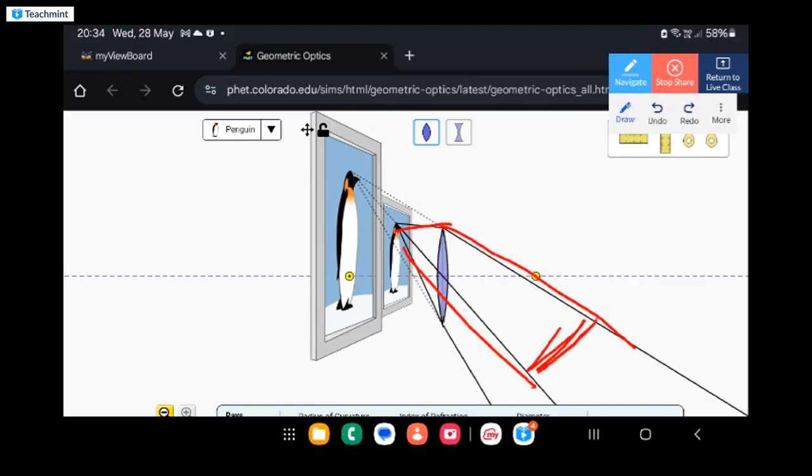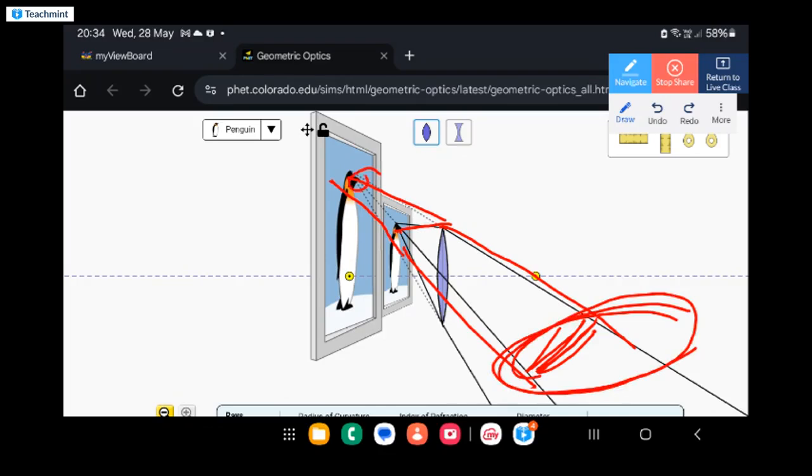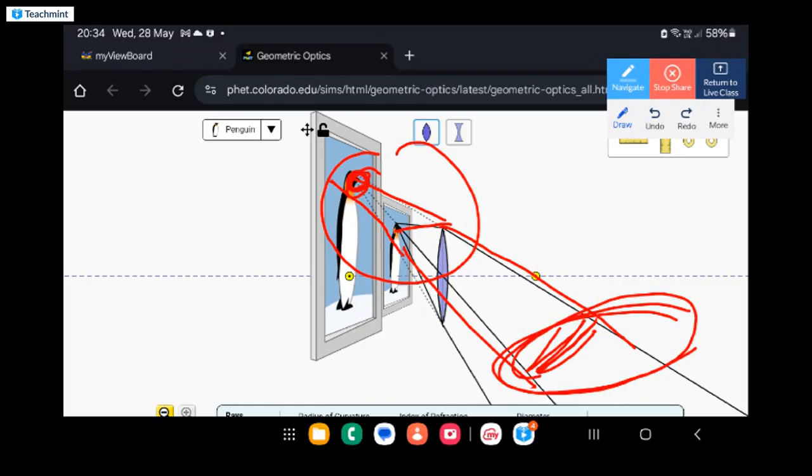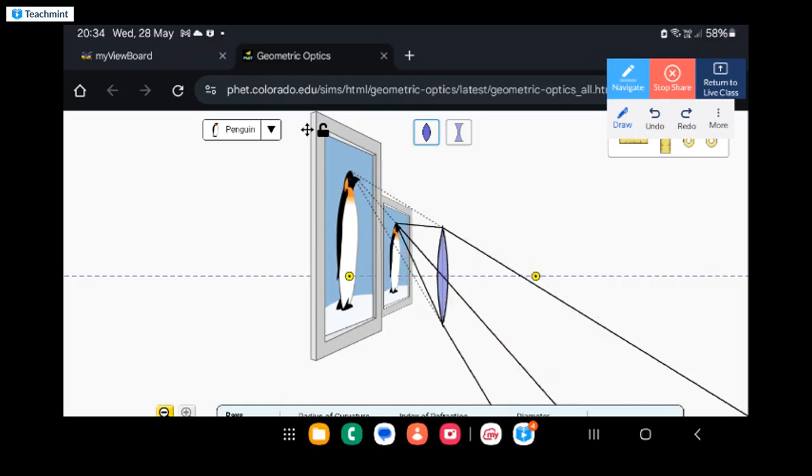Can you see they are diverging? They're not going to meet anywhere on the right side. But you are trying to make them meet backward with dotted lines, where they meet on the left side. This is called back tracing. Back tracing happens when the rays are not actually meeting after refraction and you are trying to make them meet by using dotted lines. So these are the cases where you get an erect image, and an erect image is a virtual image.